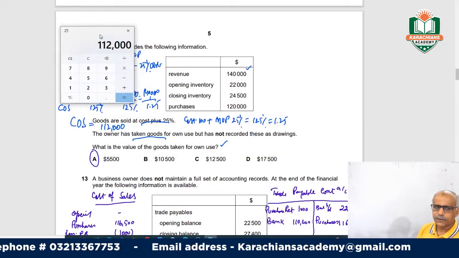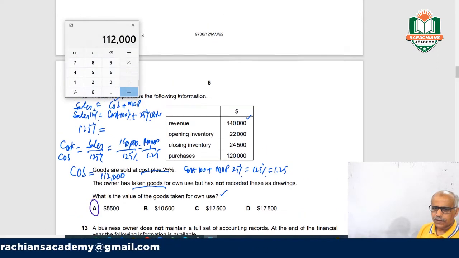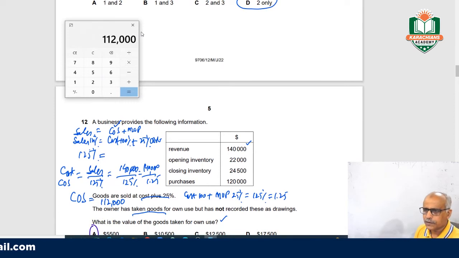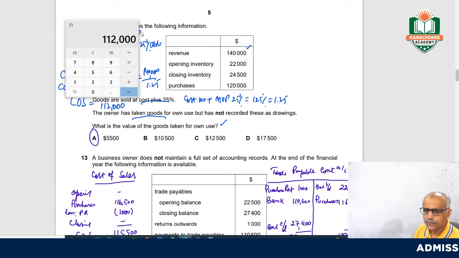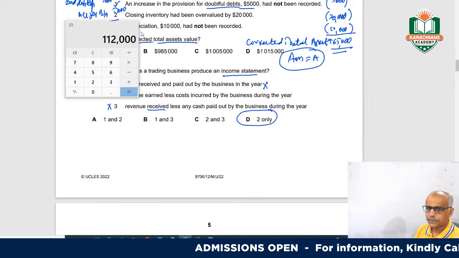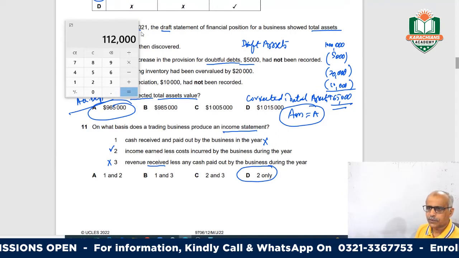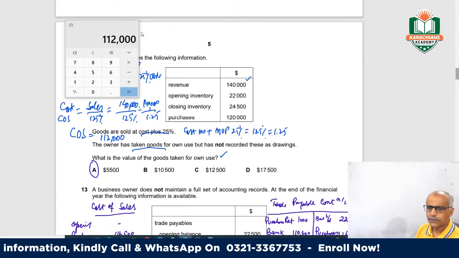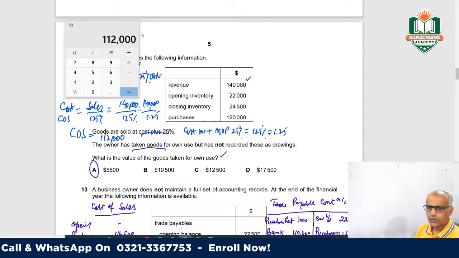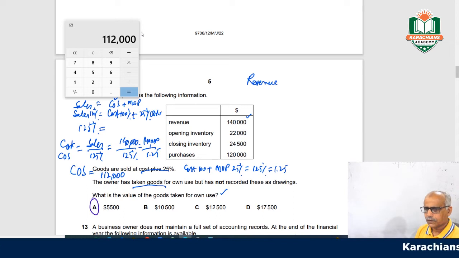Now we know when we prepare an income statement, how it is made up. I think this screen is creating some problem. Let me try to fix it. Okay, then your revenue is 140,000.